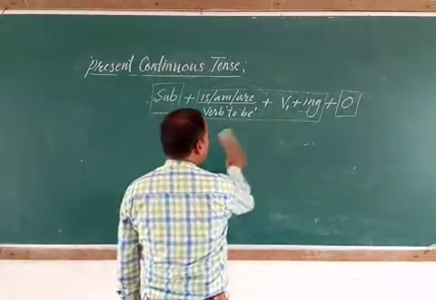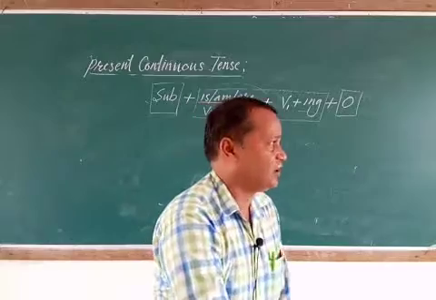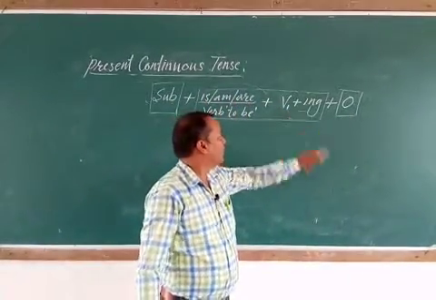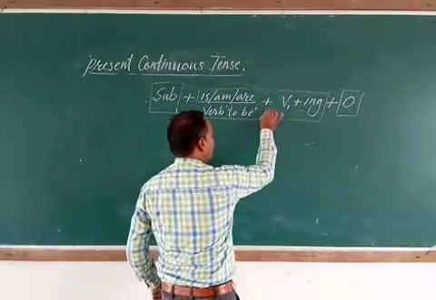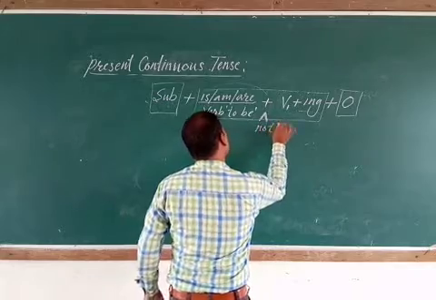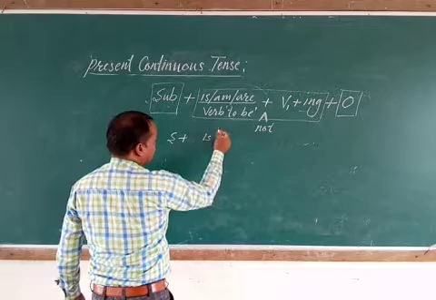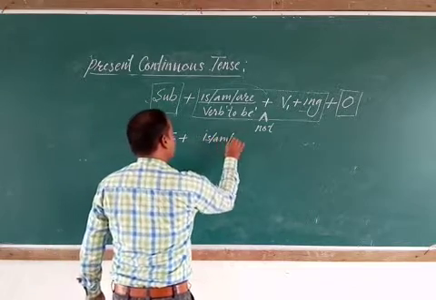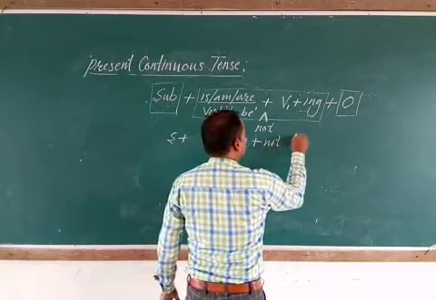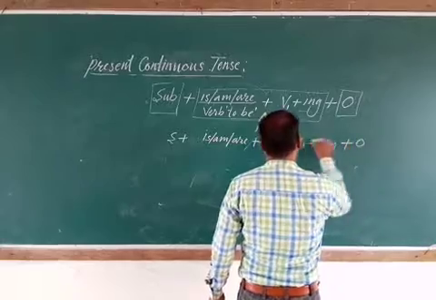So what would be the negative of this tense? The negative structure would be, we have to add not between the be form and the verb ing form. So the structure would be subject plus is, am, are, plus not, plus verb first form plus ing plus object.